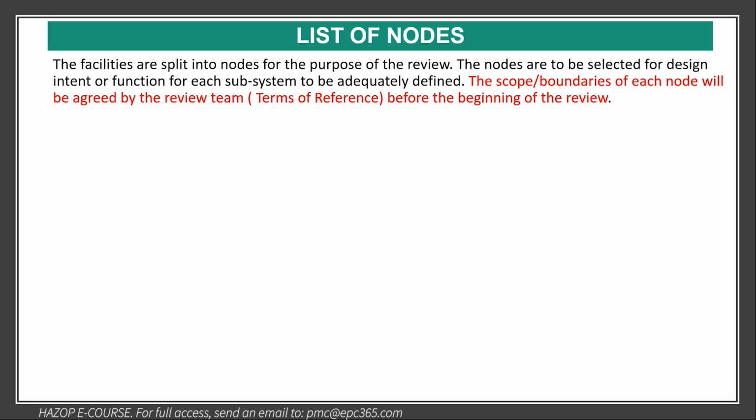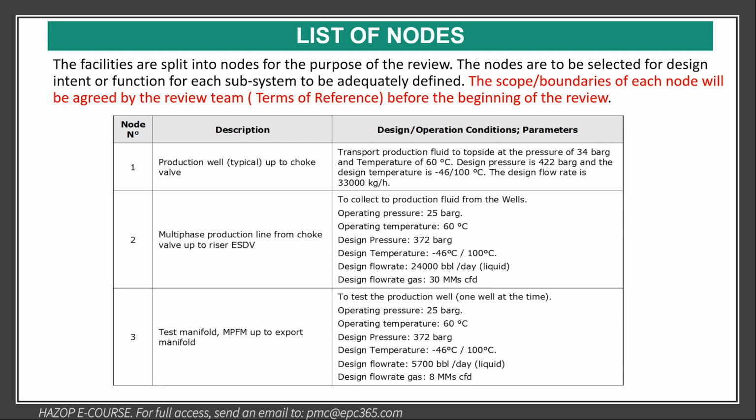So the list of the nodes, as I said, should be agreed with the chairman, the contractor and the company, and the scope and boundaries for each node shall be agreed and written in the terms of reference before Hazop. So this is an example: a production well, typically up to the choke valve.